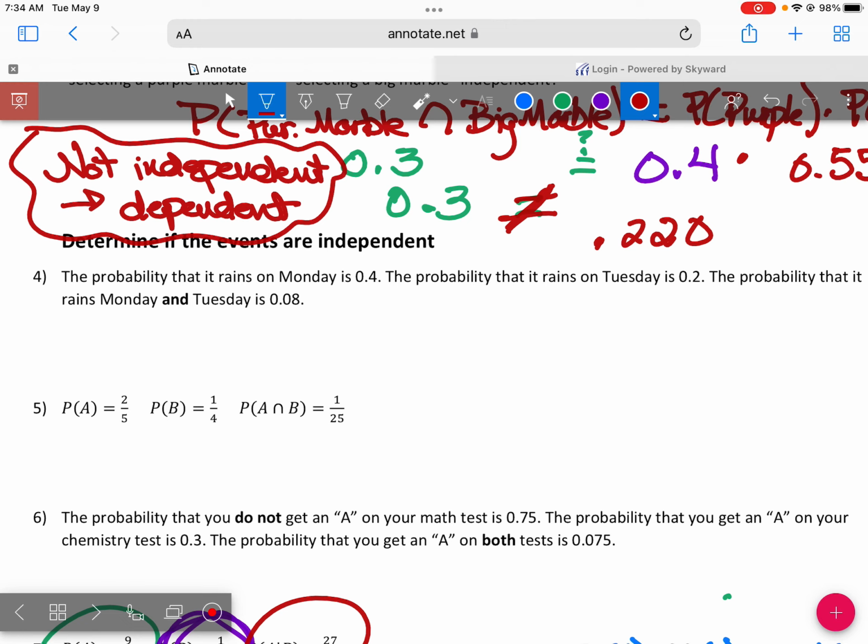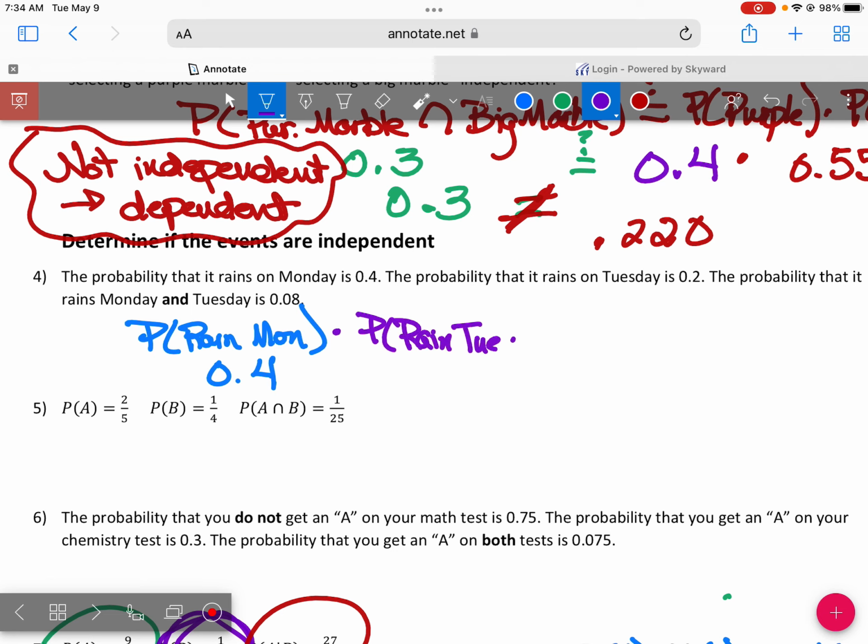And let's take a look at number 4. The probability of rain on Monday is 0.4. The probability that it rains on Tuesday is 0.2. And the probability that it rains Monday and Tuesday, is that minus or times? Times.